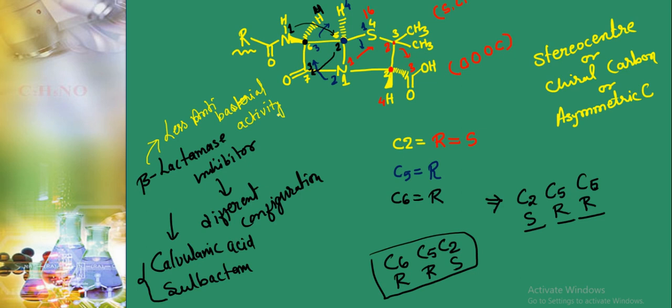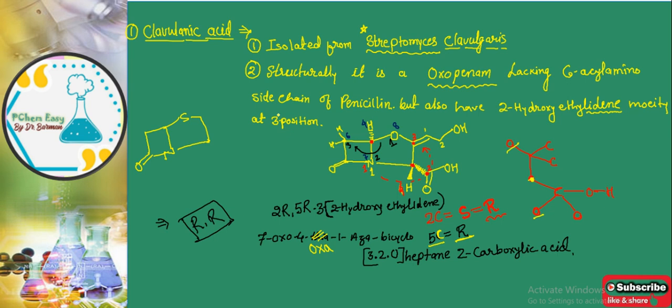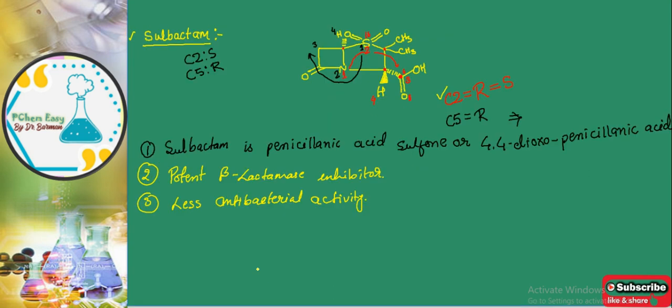We have to give this in combination with amoxicillin or any penicillin derivative, because that penicillin derivative can be degraded by the beta-lactamase enzyme, so we have to inhibit that particular enzyme. So that's why we give this medicine in combination with amoxicillin, ampicillin. I hope you have already seen Amoxiclav. Here it is having clavulanic acid and amoxicillin. This is the combination. So this was the stereochemistry of Sulbactam.